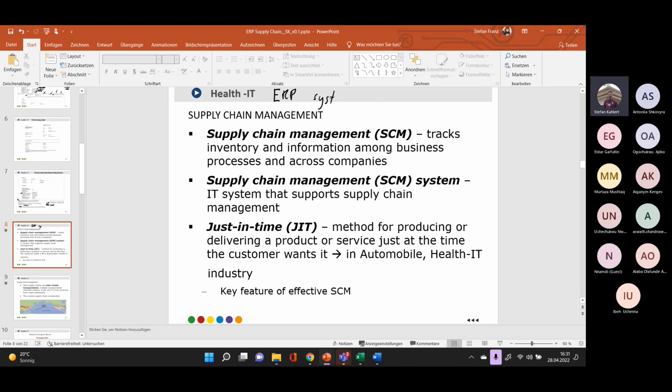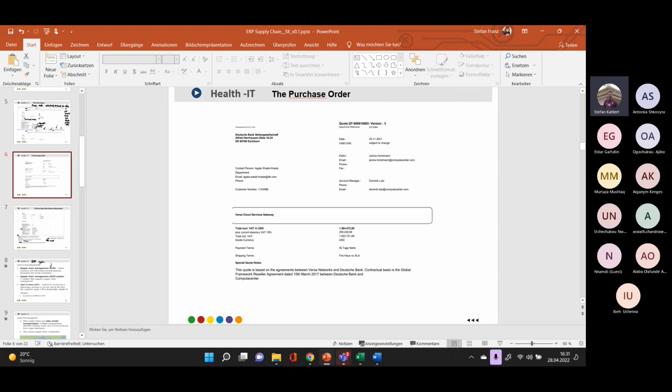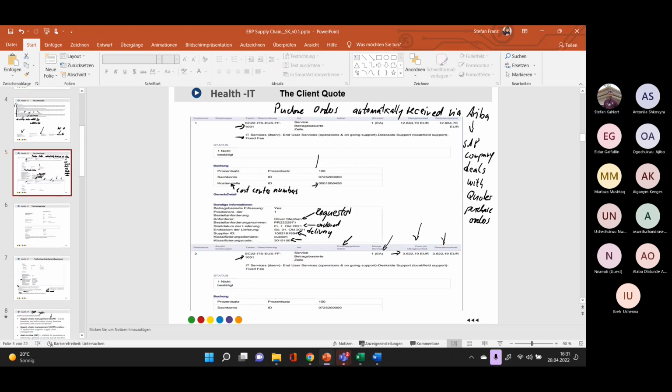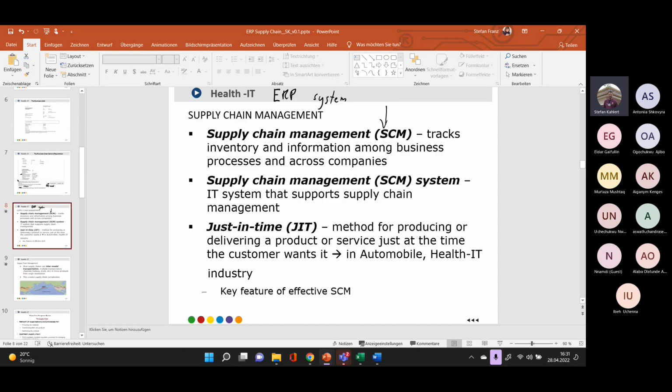Remember last time's chart or draft on how an ERP system looks. One part is SCM, which is supply chain management. And supply chain management takes care, if you have such an invoice and such a quote and such a request from someone, like for these routers, for instance, that these routers will now be produced and will be delivered to the final address on the purchase order.